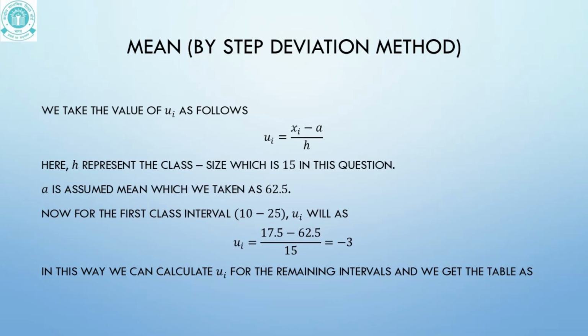Now, for the first class interval, that is from 10 to 25, ui will be 17.5 minus 62.5 divided by 15, which gives us the value minus 3. In this way, we can calculate ui for the remaining intervals and we get the table as.